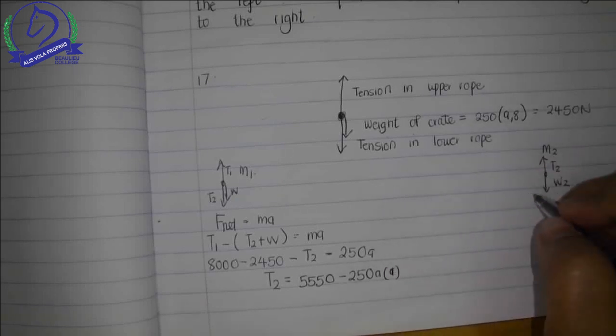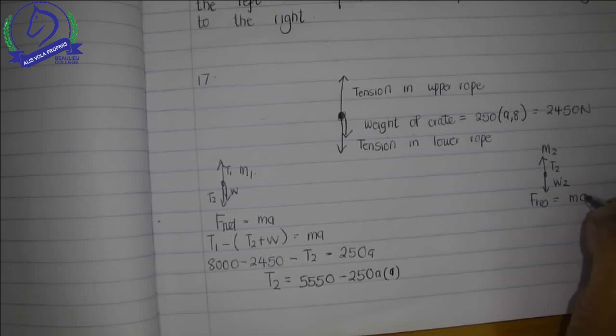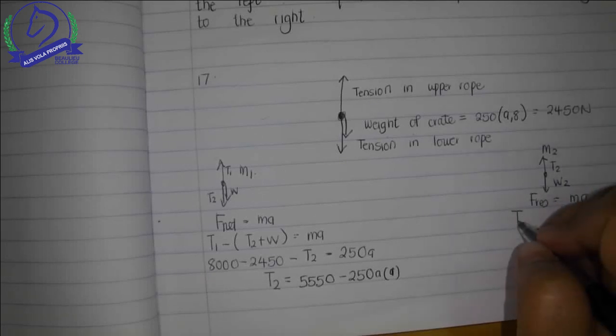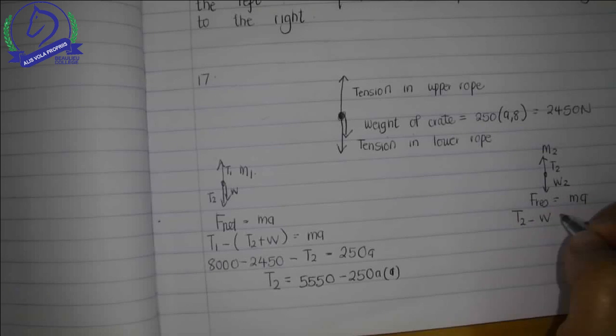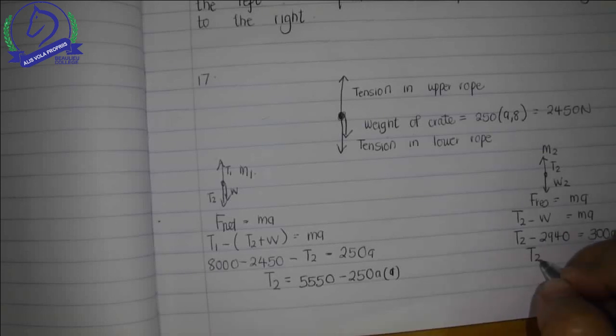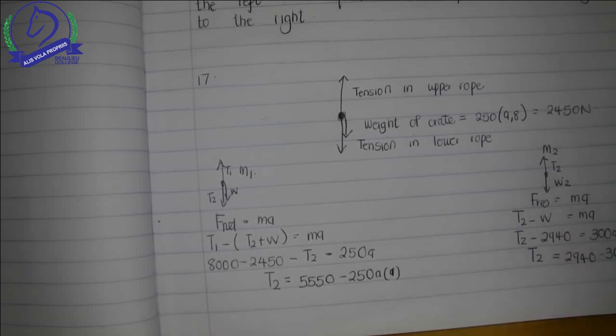And here, if resultant is equal to MA again, and it's going upwards, it's going to be T2 minus W is equal to MA. I'm going to have T2 minus 2940 is equal to 300A, and I can make T2 the subject of the formula. It's equal to 2940 minus 300A.